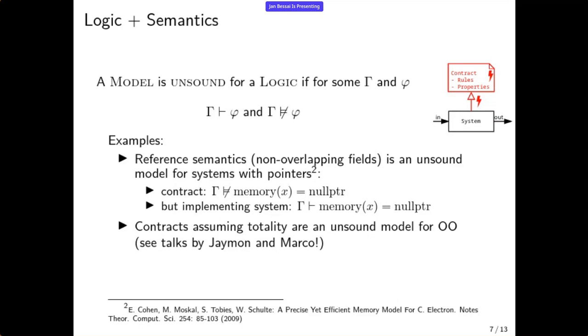If we try to use a model developed for reference semantics and apply it to a language like C, which has pointers, and we all of a sudden get overlapping fields, then this is an unsound model. Why is this an unsound model? Well, precisely because we have a contract that would say something like, in our model, it's not the case that memory location X is a null pointer.